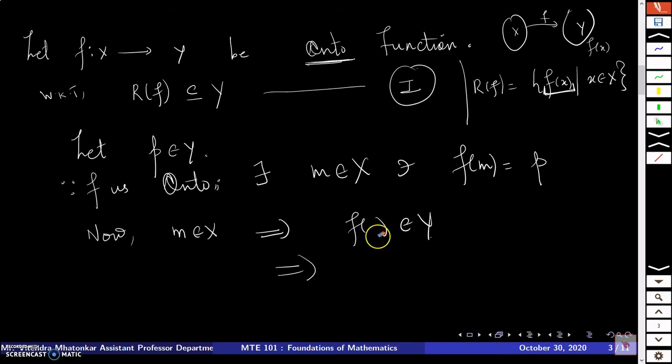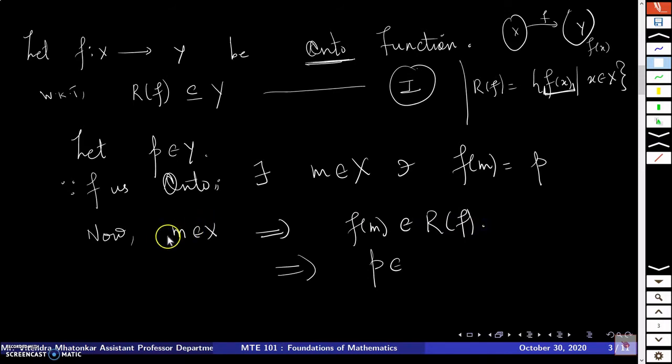So f of m is in Y. But what is f of m? That is the image of m, that's p. This implies p is there in the range of f.